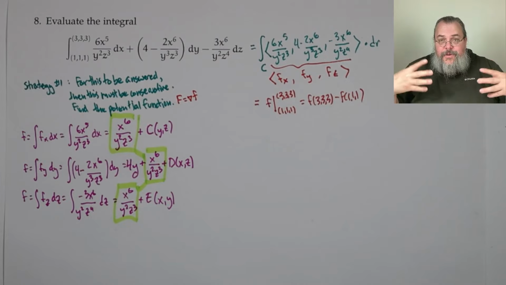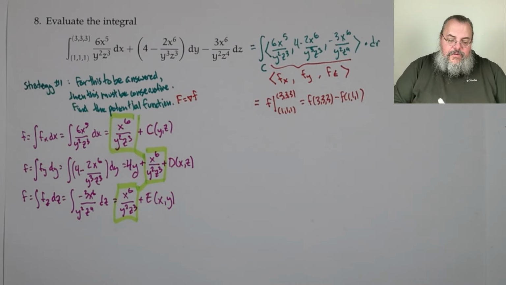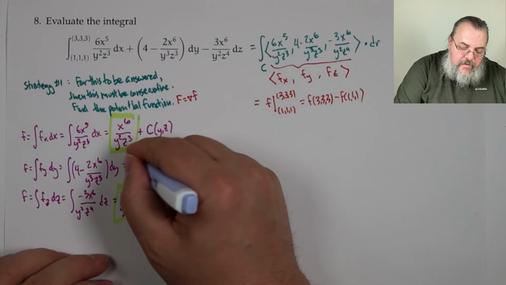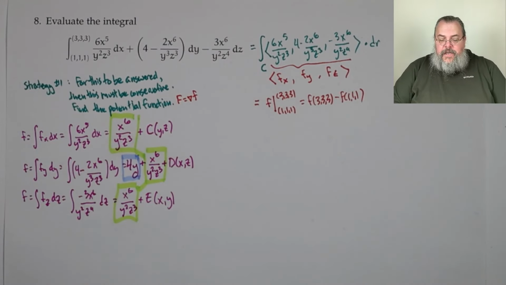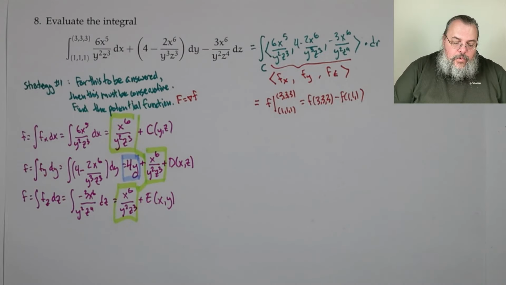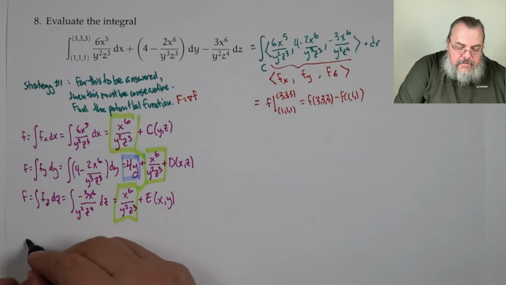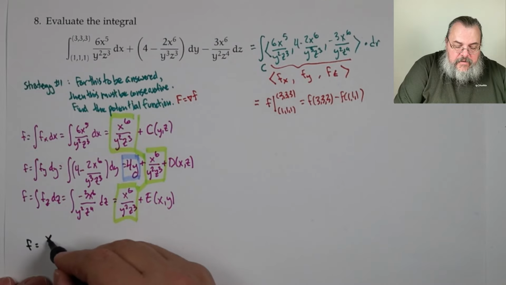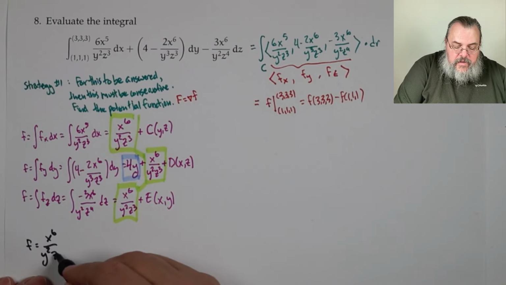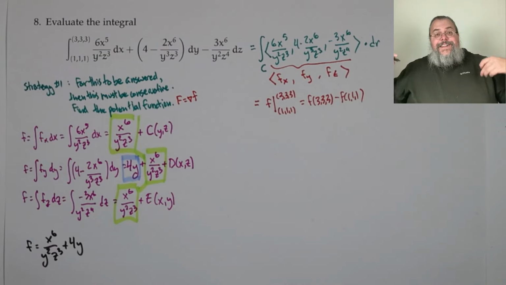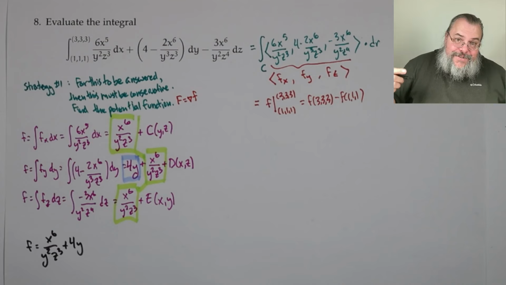So pieces which only depend on a single variable, because those will only show up in one place. So there's a 4y. So now we say, great, we can put that together, and our function f will look like x to the 6 over y squared z cubed plus 4y.